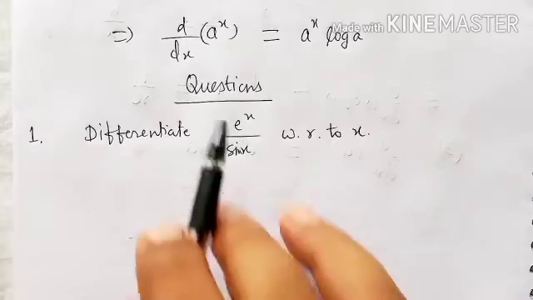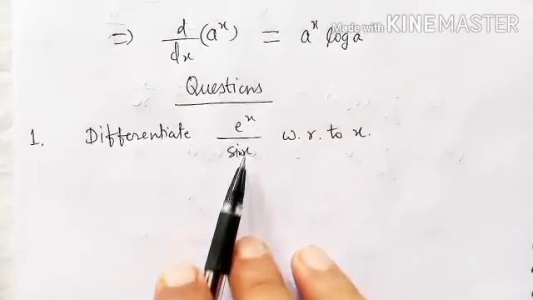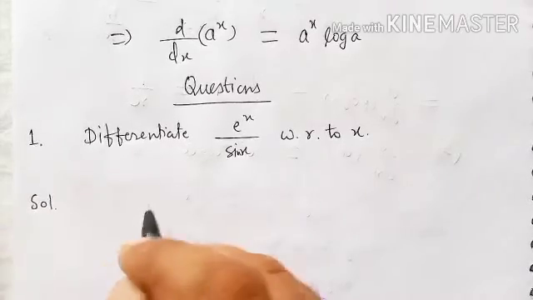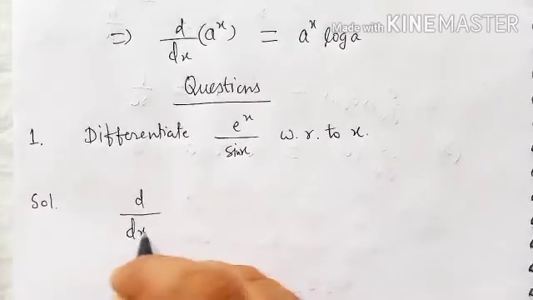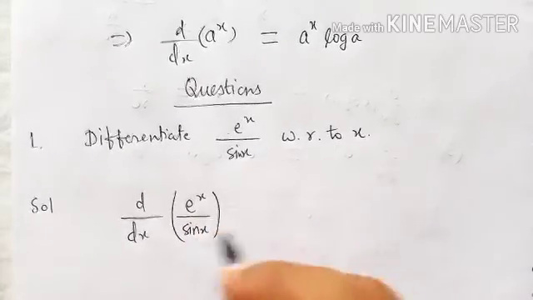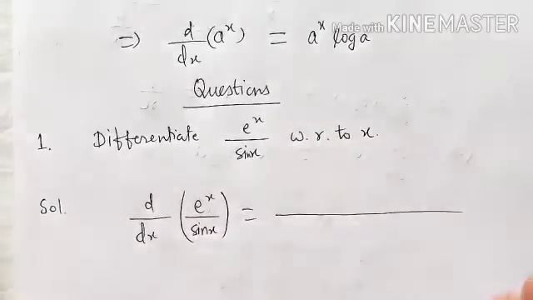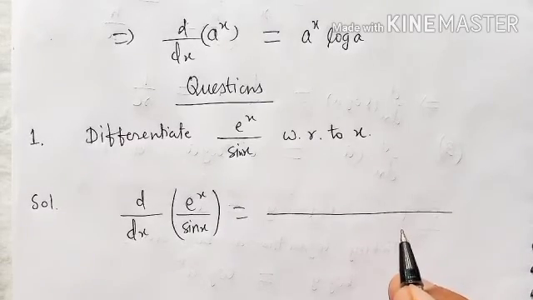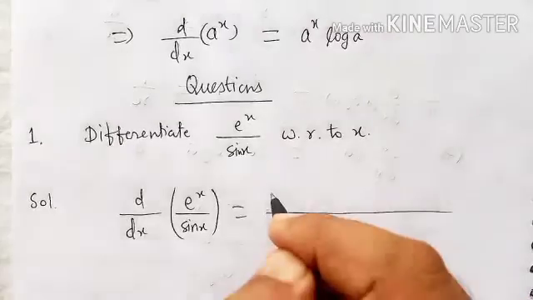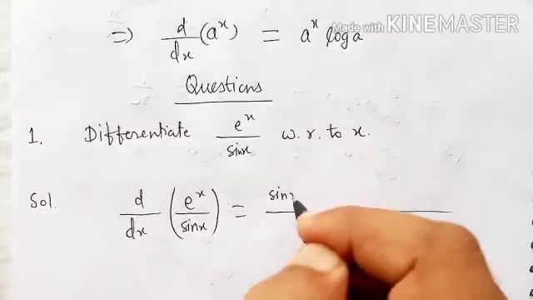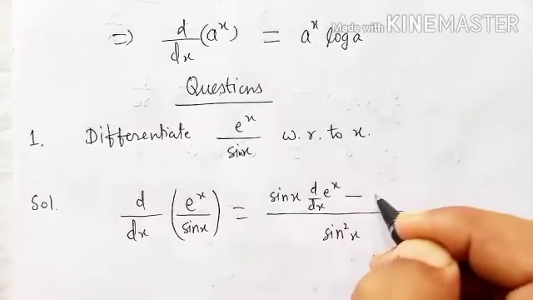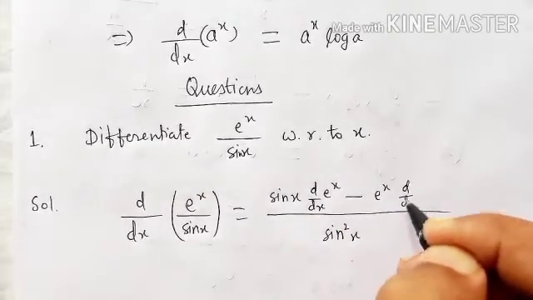Now questions. First one is differentiate e to the power x by sin x with respect to x. Here we have u by v form, and we know that the derivative of u by v is denominator v square, here we write v times the derivative of u, minus u times the derivative of v.